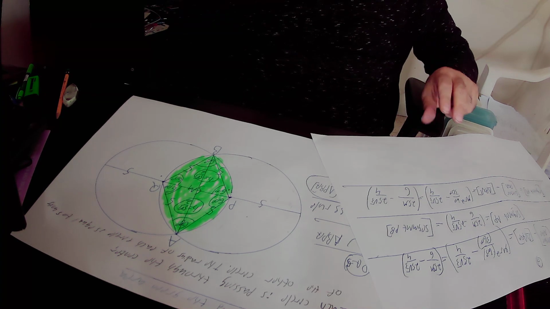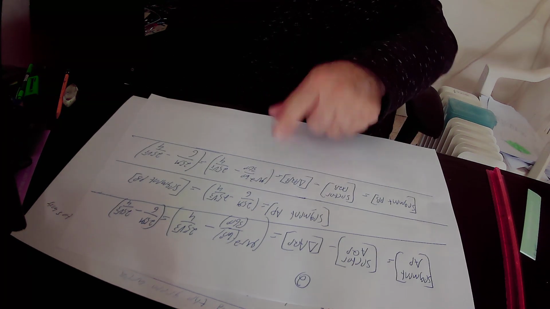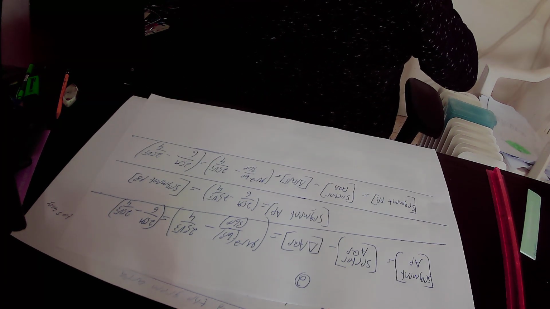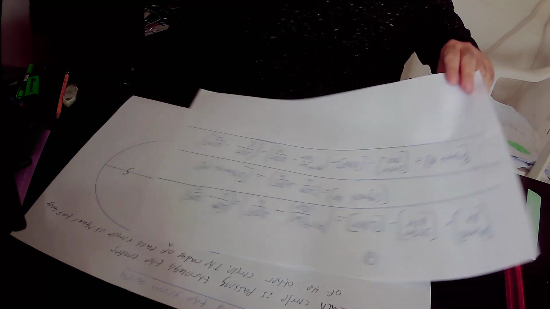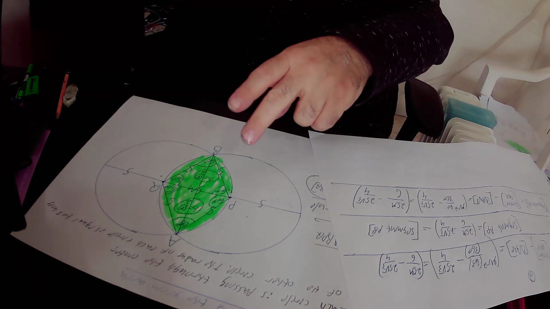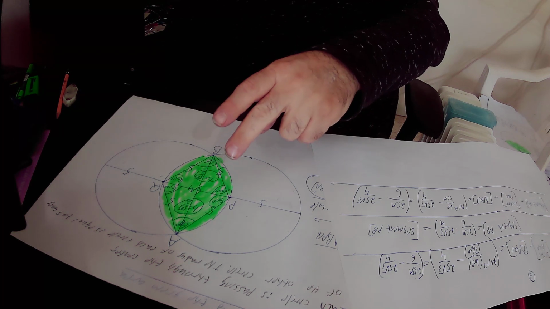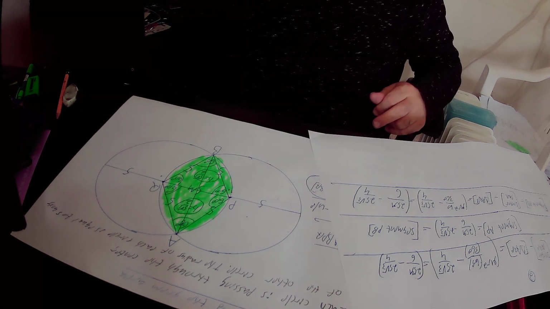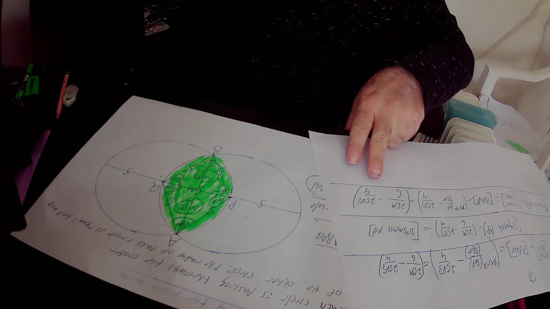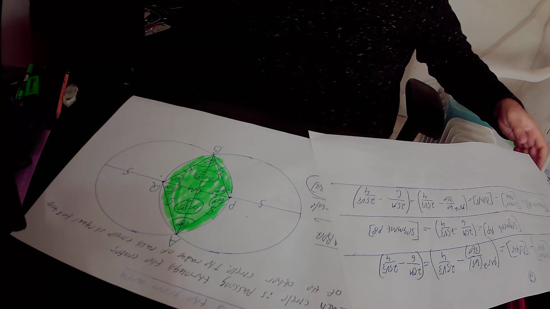That is to say, it will be equal to the area of segment AP. Therefore, we conclude that the areas of all 4 segments are equal to each other, and they are equal to this expression.